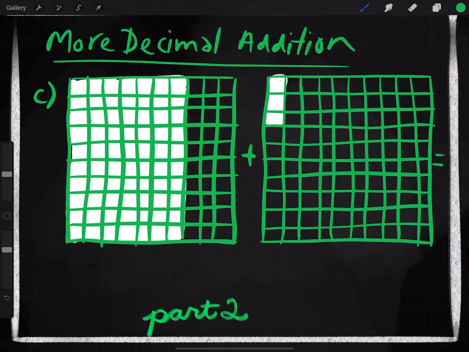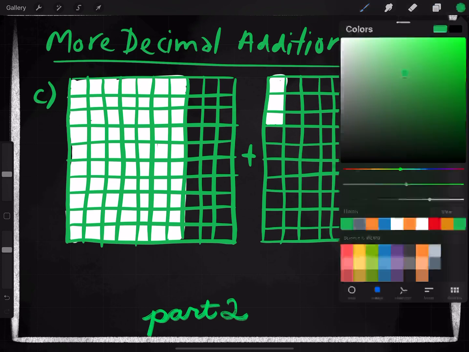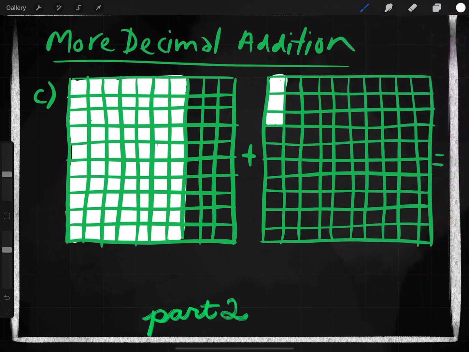Now we are going to write the decimal based on the picture. So take a second, see if you can figure out what decimal these two pictures represent, and then what the solution would be when you add them. Okay, hopefully you paused the video and gave it a try. So we have 1, 2, 3, 4, 5, 6, 7 of these columns colored. 7 out of 10, or 0.7.